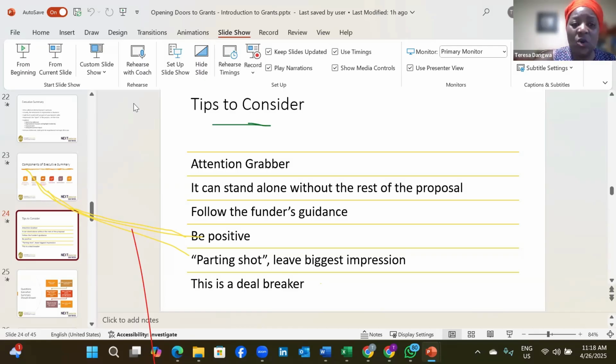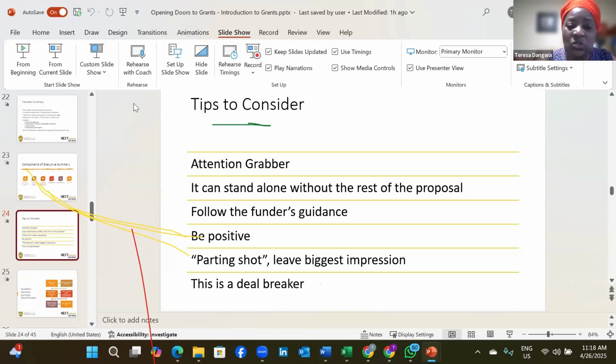So your executive summary can stand alone without the person going into the rest of your proposal. It can make them make a decision. That's how it needs to grab attention. It needs to follow the founder's guidance. It needs to be positive.